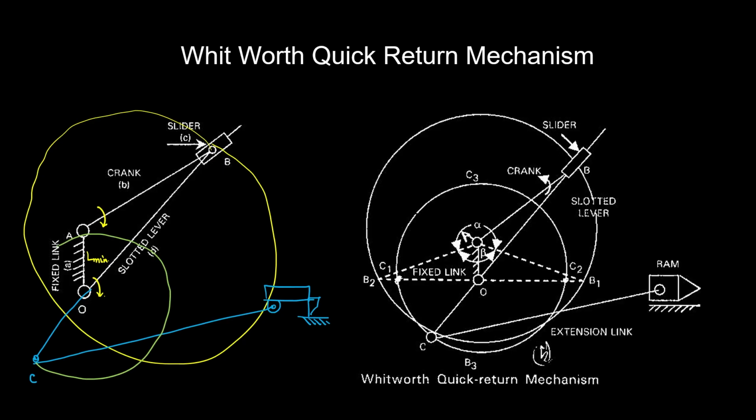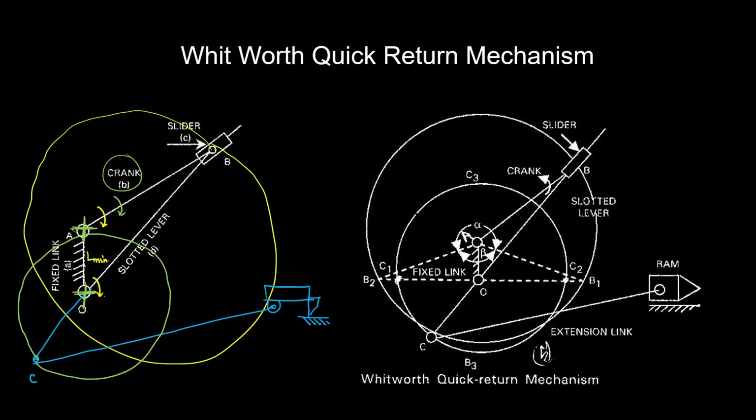So you will be finding two different circles from two different centers, one from O and one from A. So that is indicating the crank, that is link B is going to behave as a crank. Even the slotted bar is also going to behave as a crank.